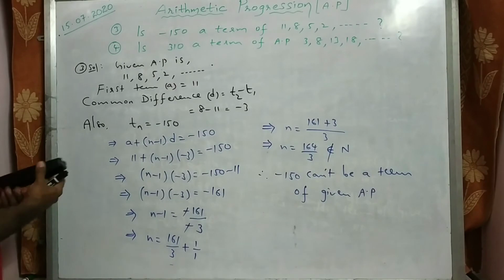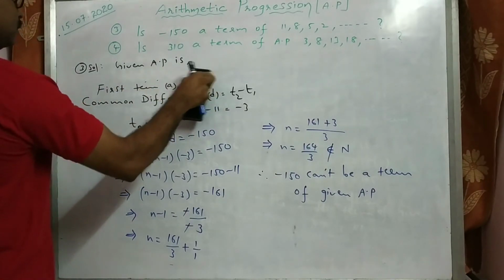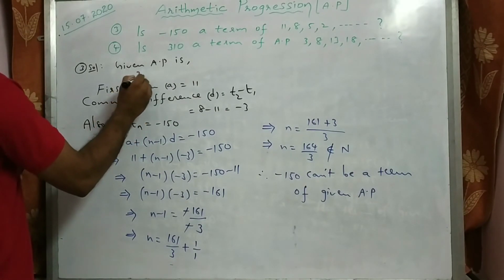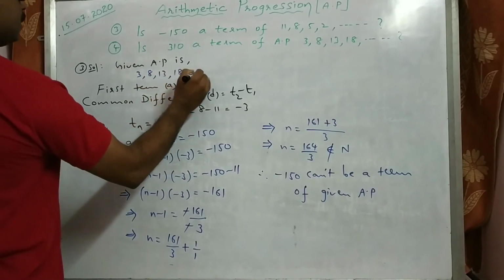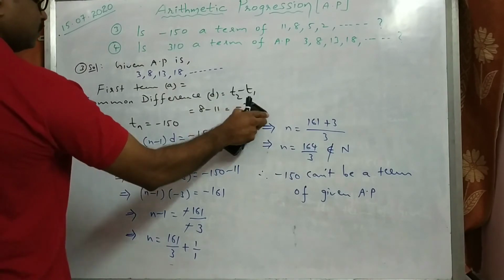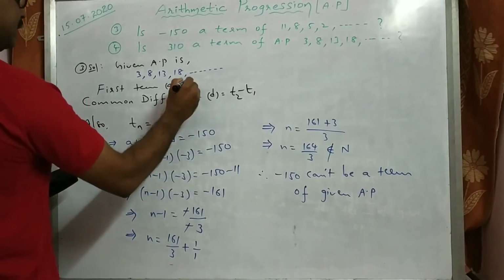Same problem next also, I will explain that also. What is the given AP here? 3, 8, 13, 18, and so on. What is the first term? 3.